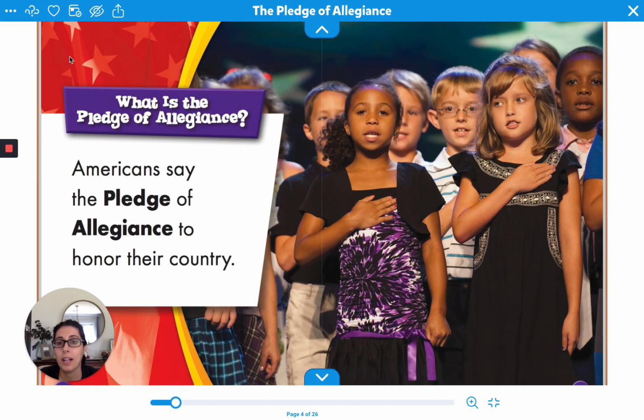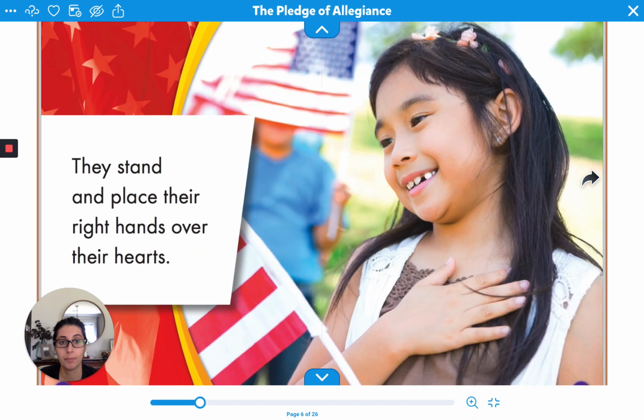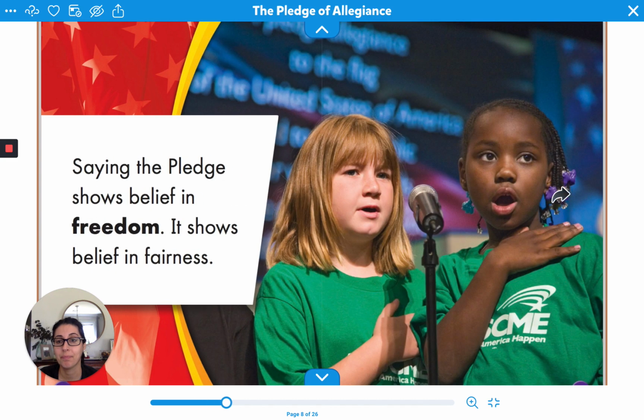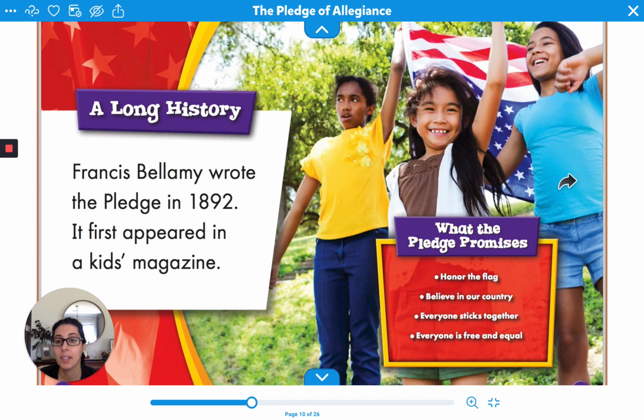What is the Pledge of Allegiance? Americans say the Pledge of Allegiance to honor their country. They stand and place their right hands over their heart. Saying the pledge shows belief in freedom. It shows belief in fairness. A long history.